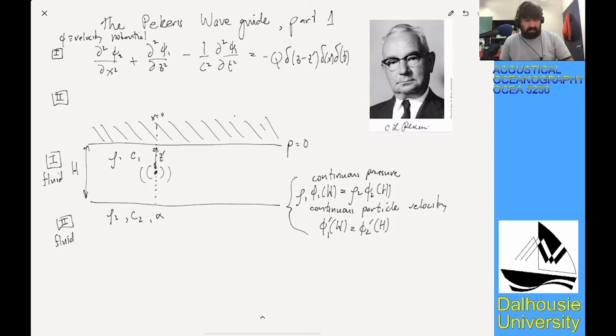What does that look like? Looks pretty much the same. Looks exactly the same. It's the same physics, so the equation is going to be the same. The only difference is, what's our source? We have no source in the bottom, so a big 0 there. And this is going to be for z greater than H.